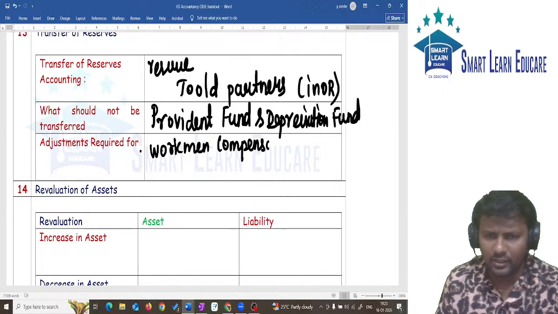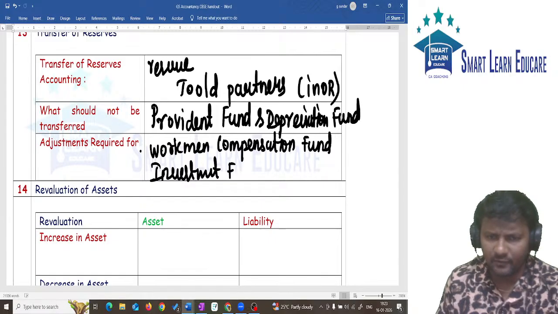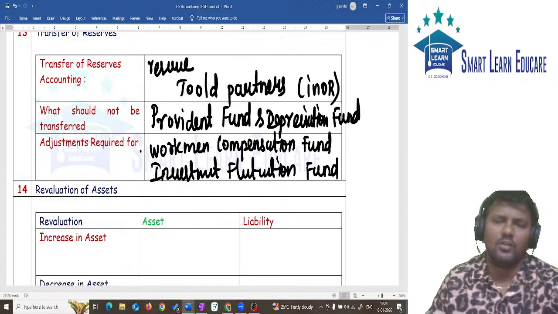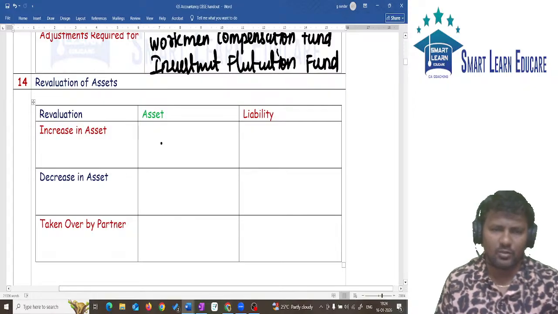One is workman compensation fund. Another one is investment fluctuation fund. One is workman compensation fund, another one is investment fluctuation fund.